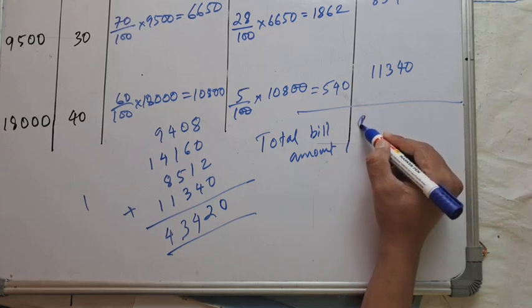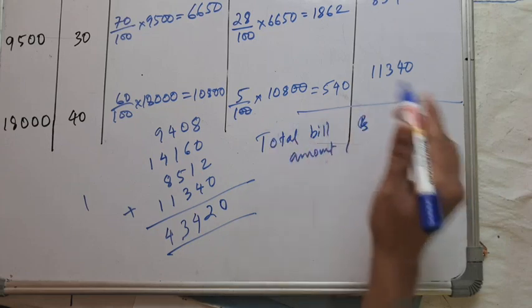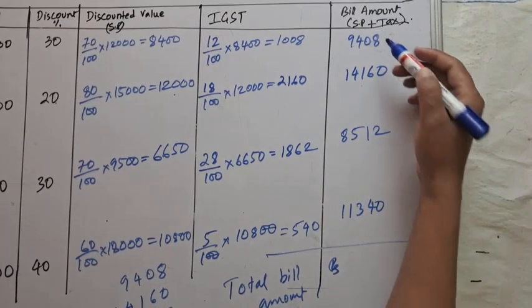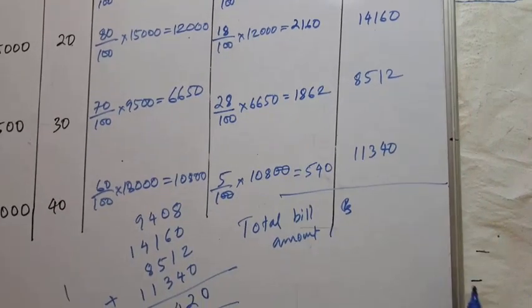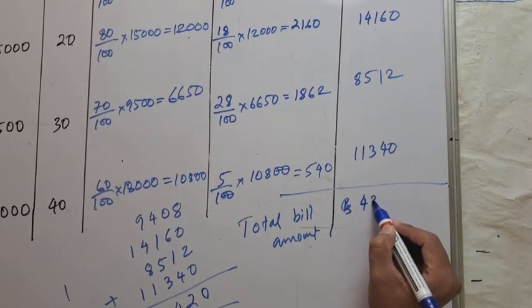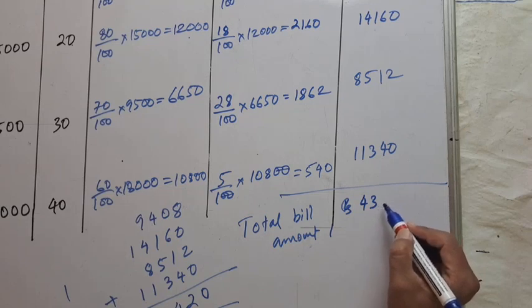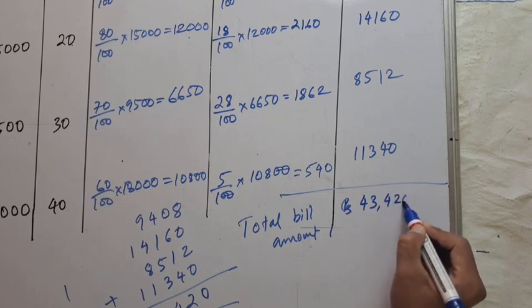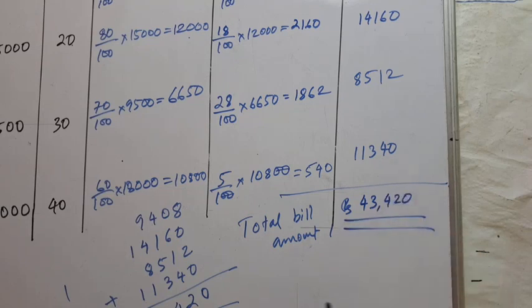So the total bill amount will be the sum of all the bills, which gives us 43,420. This will be the total bill amount.